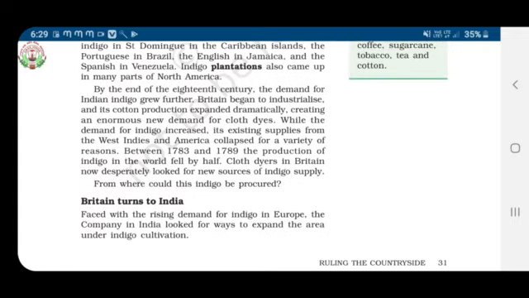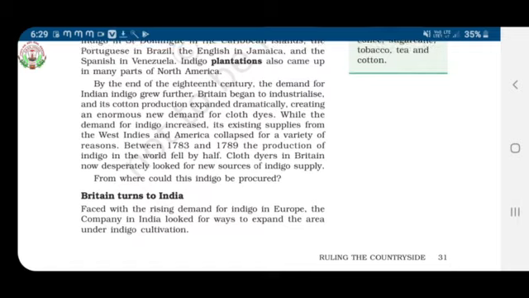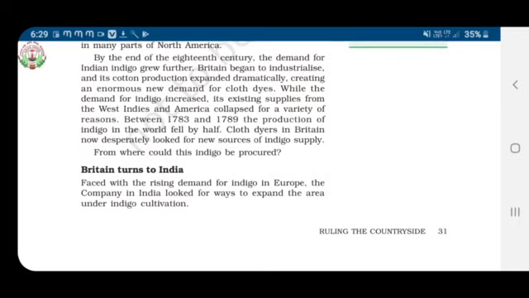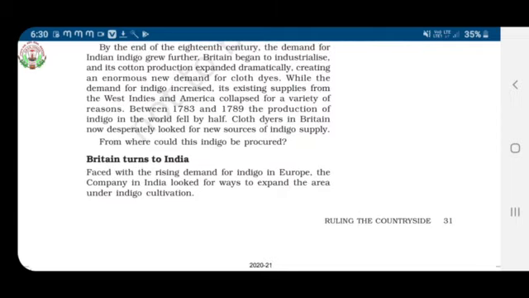Plantations here means a large farm operated by a planter employing various forms of labor. Plantations are also associated with the production of coffee, sugarcane, tobacco, tea, and cotton. By the end of the 18th century, the demand for Indian indigo grew further. Britain began to industrialize and its cotton production expanded, creating enormous new demand for cloth dyes.